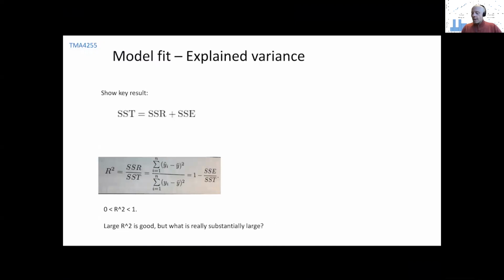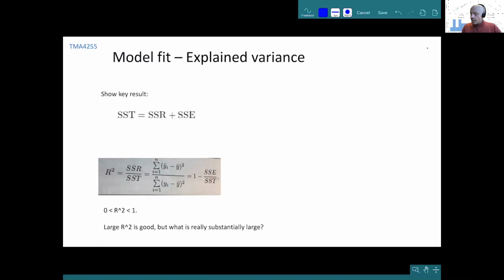So SSR, as I said, is the distance from the regression model to the mean. And you can imagine if the regression model is doing a really good job, so y hat is close to y, then SSR must be close to SST.